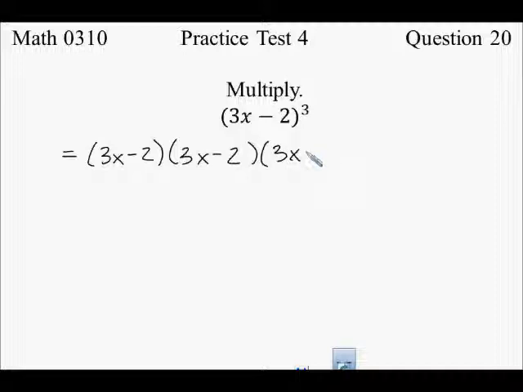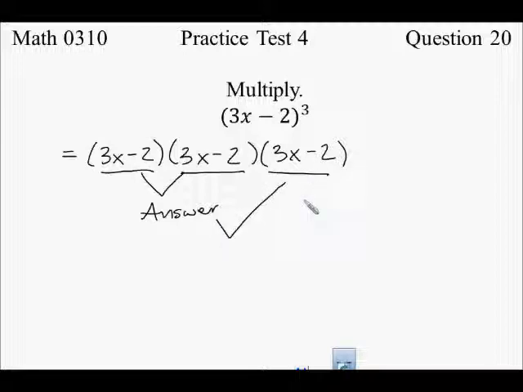If we have a quantity being multiplied more than once, we need to take it one pair at a time. We start with taking just this quantity into this quantity, and once we get our answer there, we can multiply our answer into the last quantity.